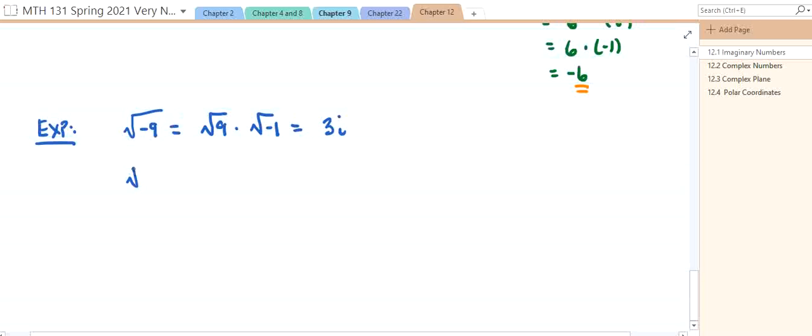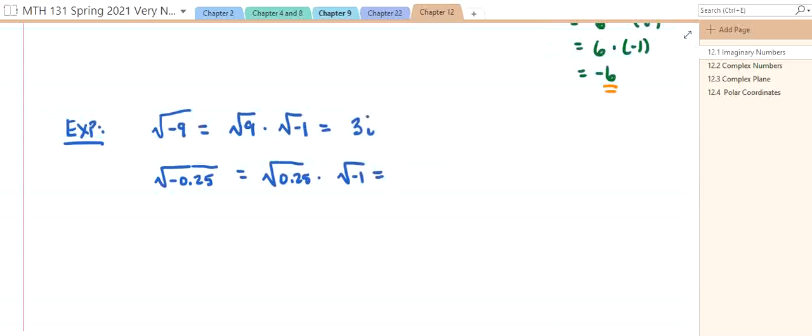We could have the square root of minus 0.25, for example, and we can perform the same idea. The square root of 0.25 times the square root of minus 1 equals 0.5 times i, or 0.5i.